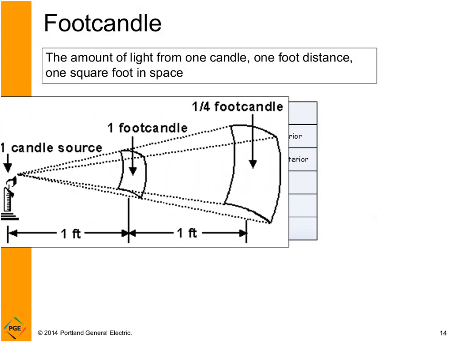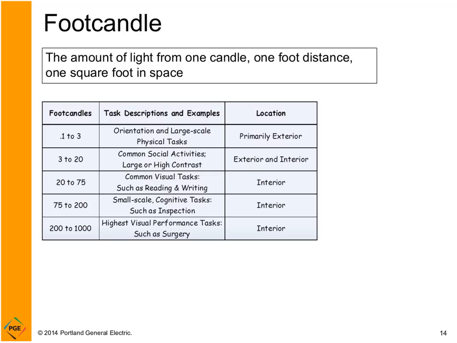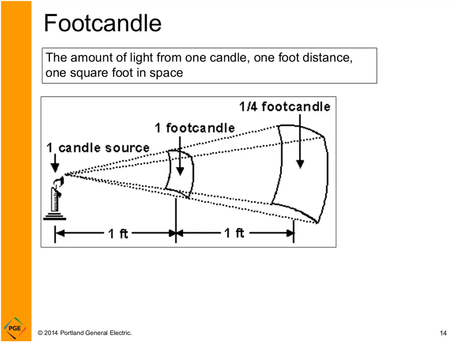Let's talk a little bit about foot candles, which represent the average amount of light spread over a work plane surface, or the amount of light from one candle, 1 foot distance, 1 square foot in space. So when light finally reaches the work plane, we can measure the amount of light in foot candles.